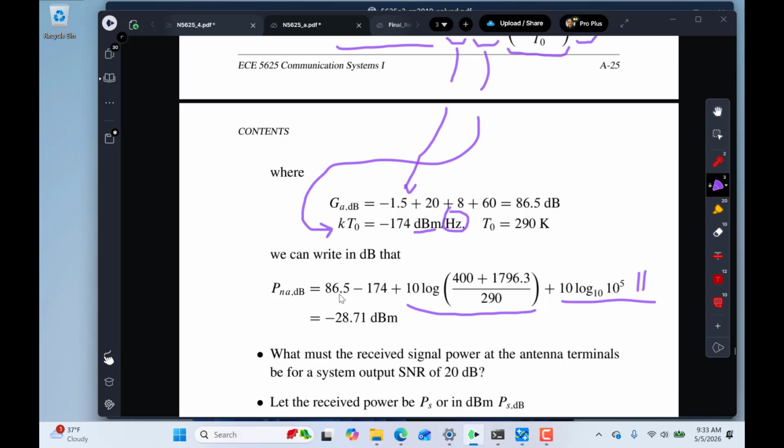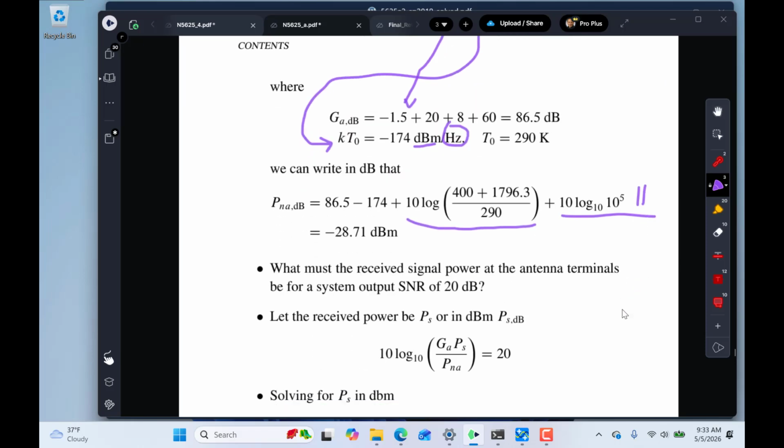And this is a gain, which is dimensionless. It's 86.5 dB. So this carries the unit of dBm because that's the unit associated with kT0 in dBm, and the per hertz is canceled by the hertz over here.